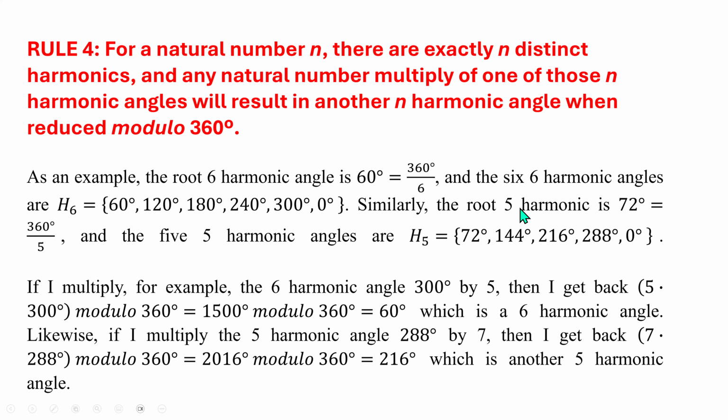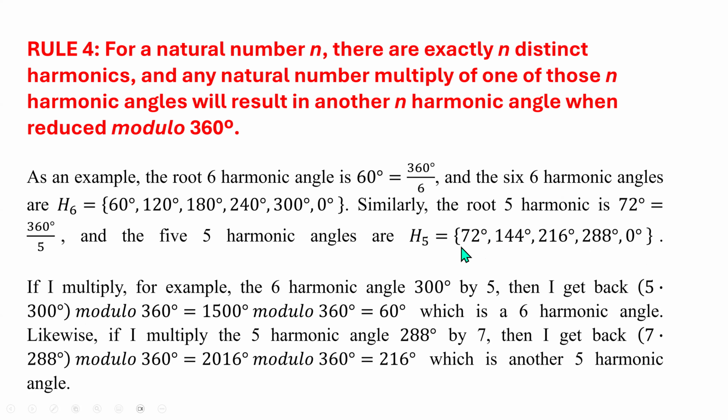Similarly, the root 5 harmonic is 72 degrees, which is 360 degrees divided by 5. And the five harmonic angles are A sub 5: 72 degrees, 144 degrees, 216 degrees, 288 degrees, and then you end with 0 degrees. In these ordered sets, we always start with the root harmonic, and we always end up with 0 degrees.